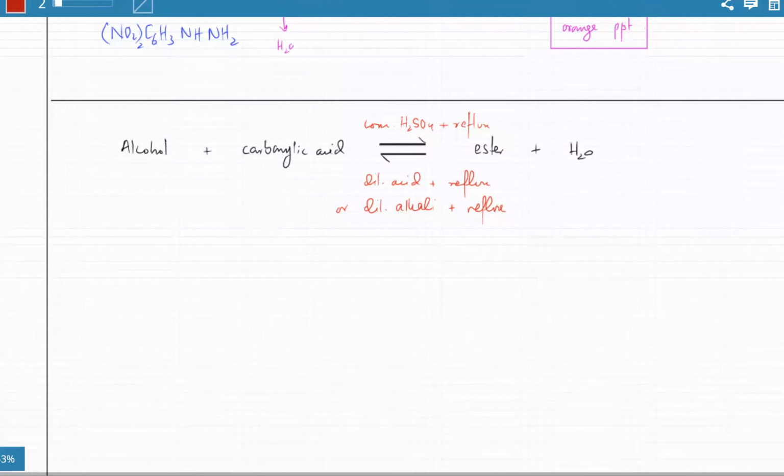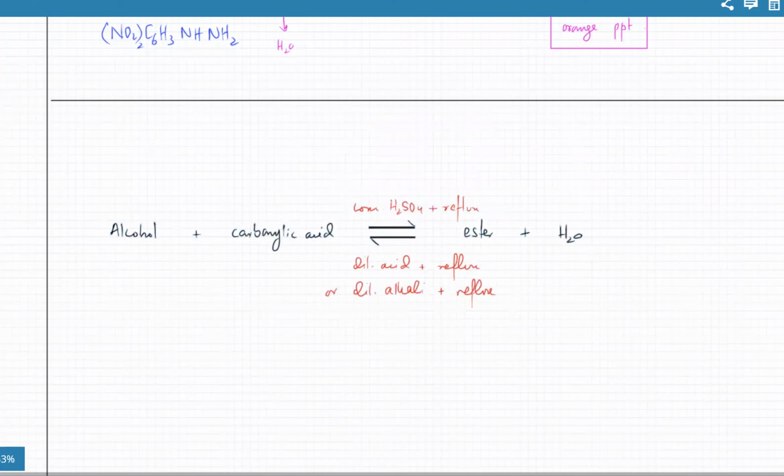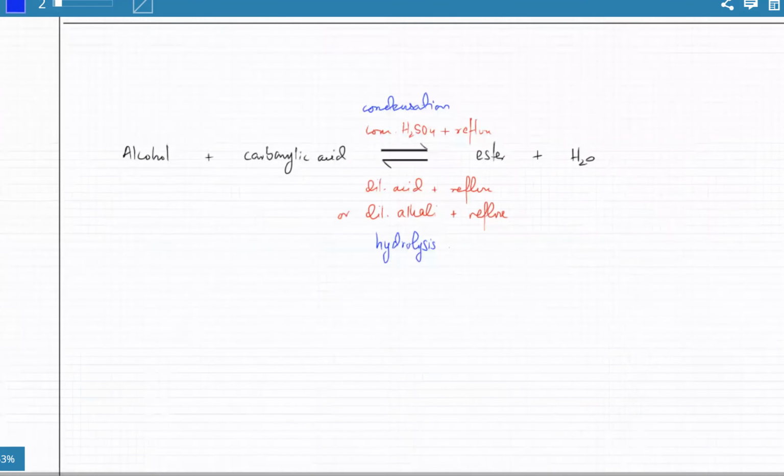To form an ester, that's known as a condensation reaction. And to break an ester, that's known as hydrolysis, basically decomposition with water.